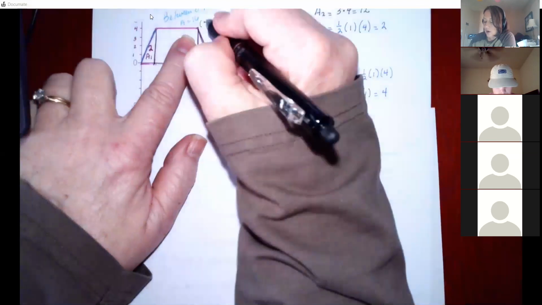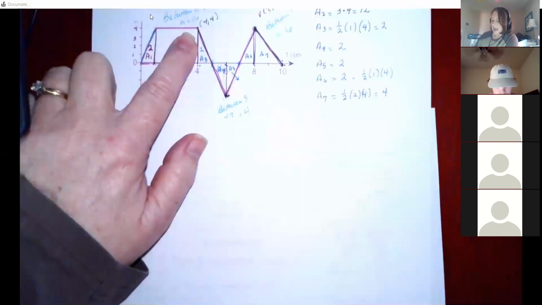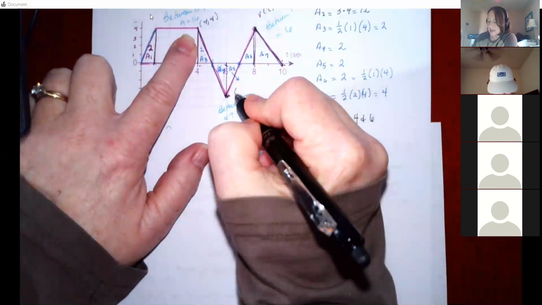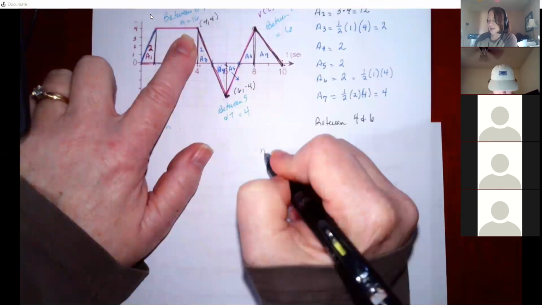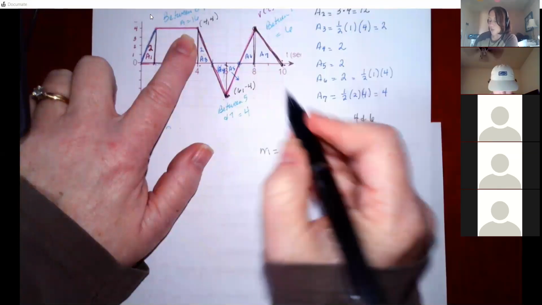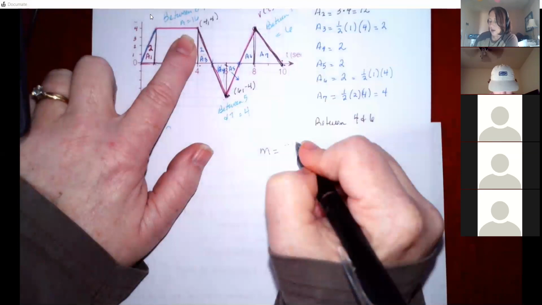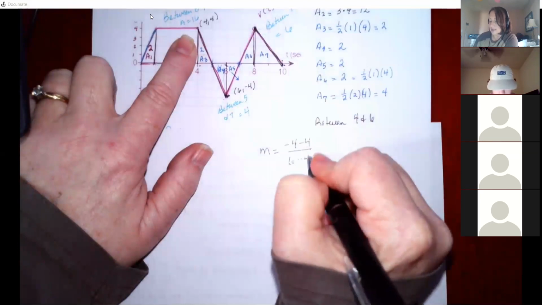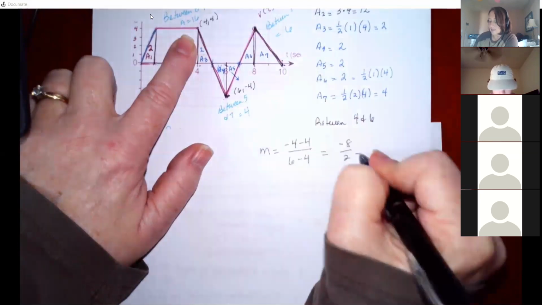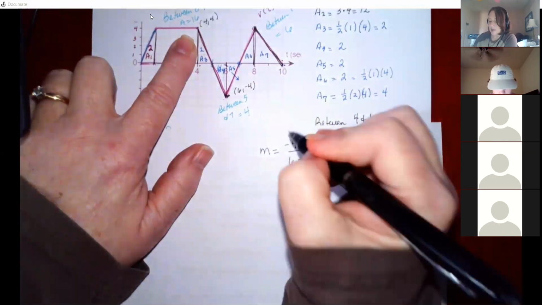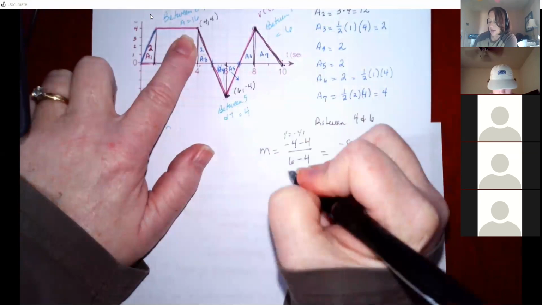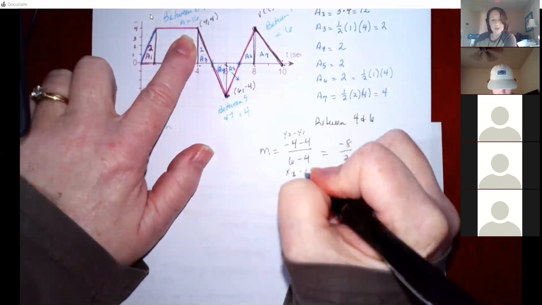Okay, notice that this is the point (4, 4), and this is the point (6, -4), right? Yes. So to find the slope connecting 2 points, you just take the difference in the y's over the difference in the x's. Rise over run. It's y2 minus y1 over x2 minus x1.